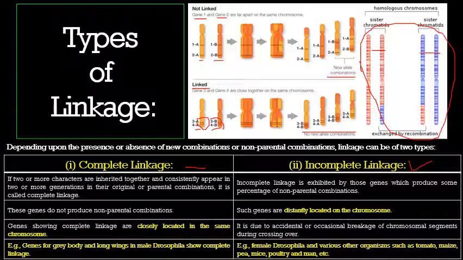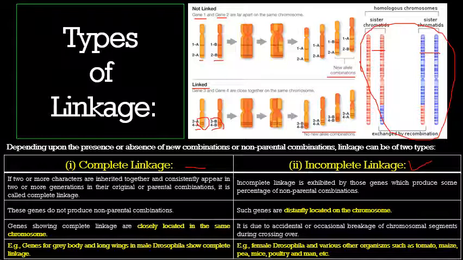If two or more characters are inherited together and consistently appear in two or more generations in their original or parental combinations, it is called complete linkage.